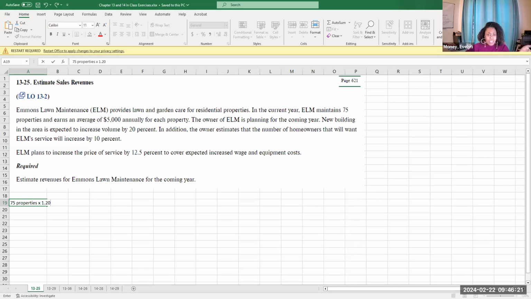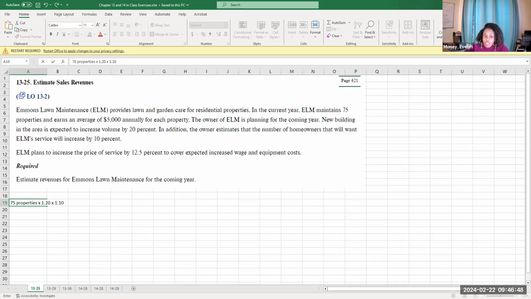Now, I know we don't expect them to get every single new building as a customer, but we have to take into consideration that increase in volume because ELM believes that they're going to be able to get 10% of that increase. So we then multiply the 75 properties times the 1.2 times 10%.